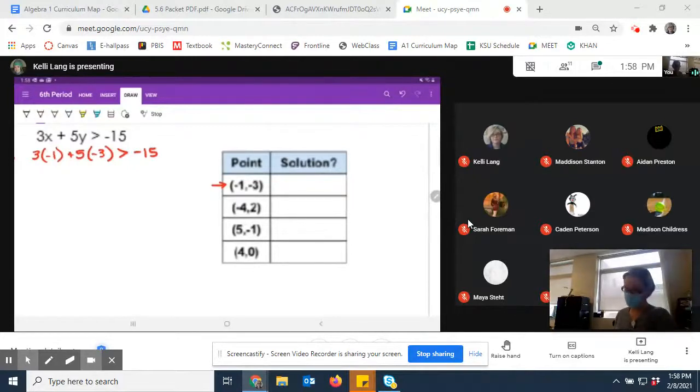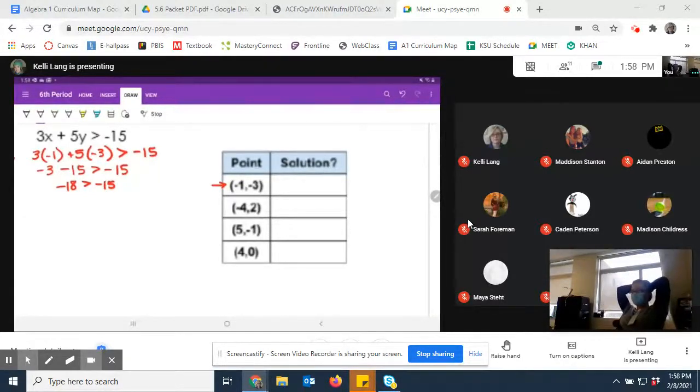We don't know. Let's find out. If we simplify this a little bit, 3 times -1 gives us -3, and 5 times -3 gives us -15. And don't forget about your other -15 over there. When we simplify the left-hand side, we end up with -18 is greater than -15.